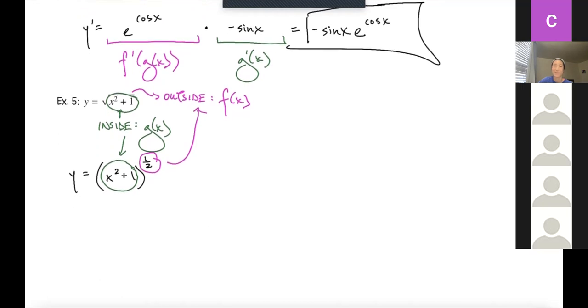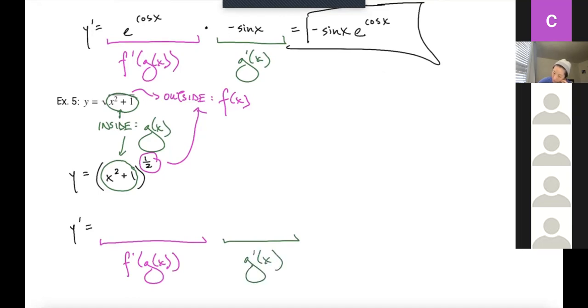All right, so now if we have y equals x squared plus 1 to the 1/2, I think we can see our inside function is x squared plus 1, our outside function is the power of 1/2. So when I take my derivative, I can find the f prime of g of x. I'm going to pretend that I just have something to the 1/2 power, and then I'm going to take the derivative of the inside piece, and I'm going to multiply those together.